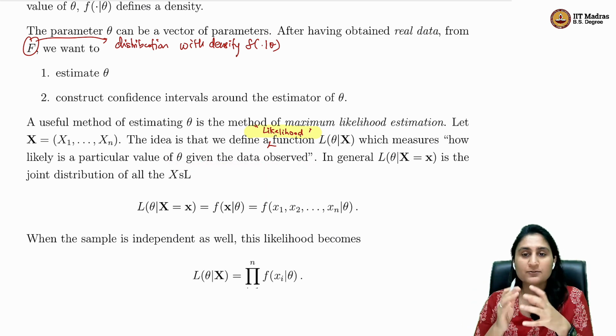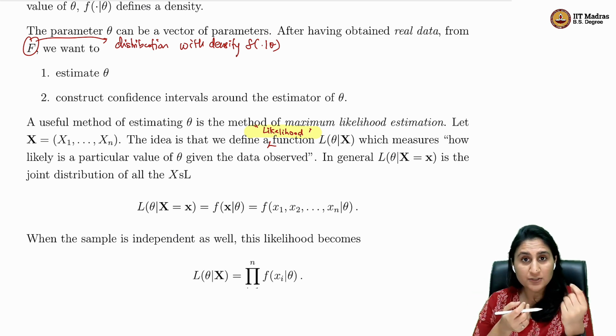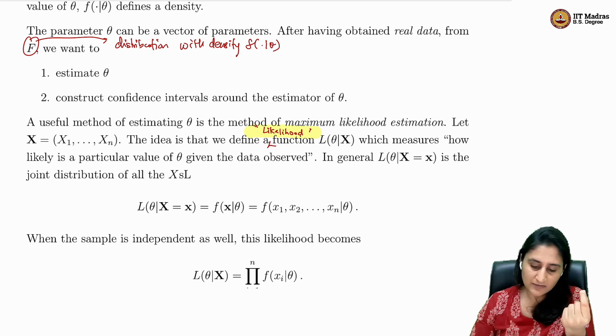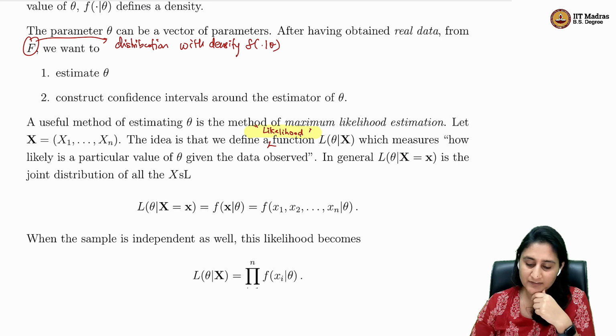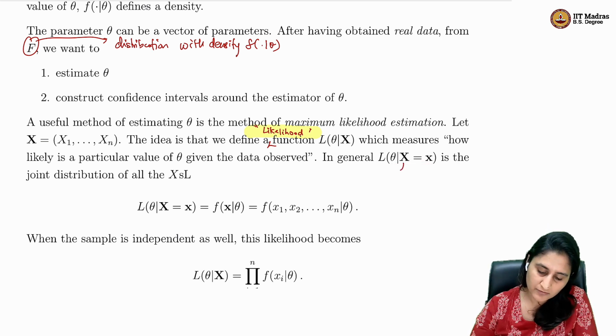So L of theta is going to measure how likely is this value of theta. So it's a function of theta, and it will measure how likely is this value of theta given the x's, the actual data that I've observed. So in general, L of theta given bold X equals small x, this notation over here means that bold X is the random variable, right?